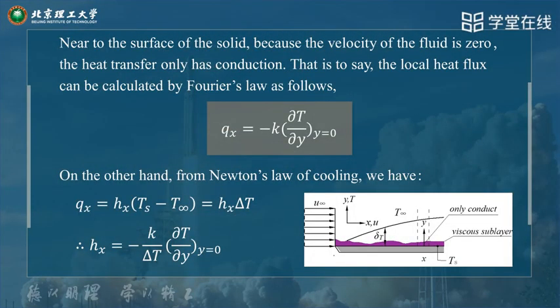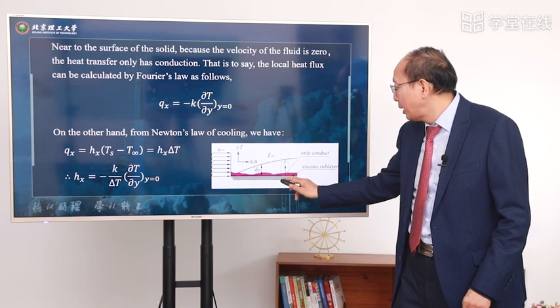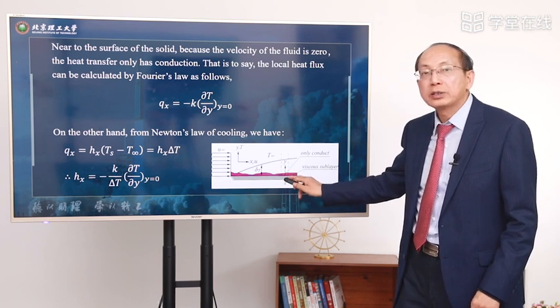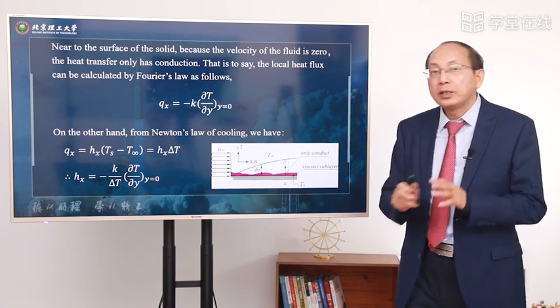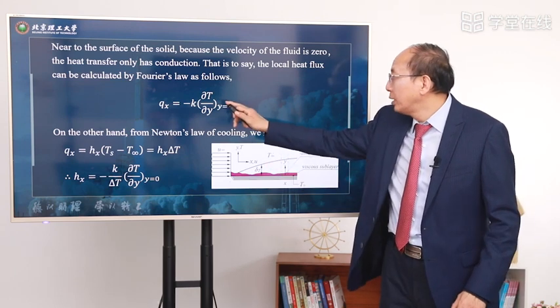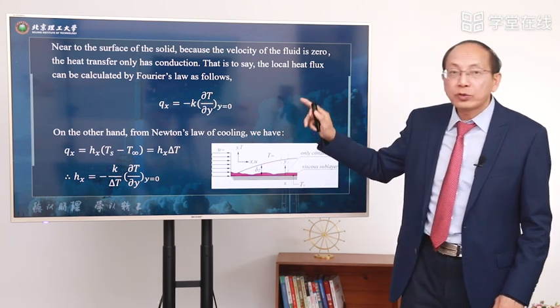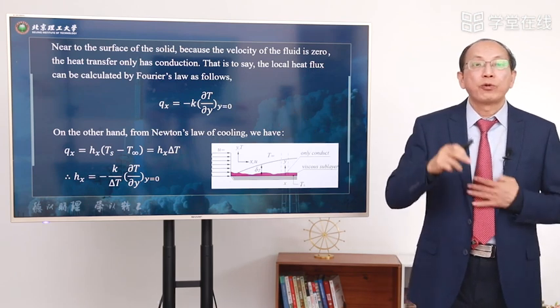Qx equals minus k, where k is conductivity, times partial T partial y at y equals 0. For example, at this x point, the heat flux is Qx equals minus k partial T partial y at y equals 0, from conduction.